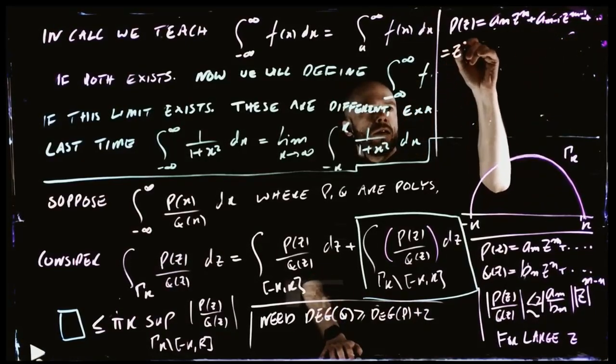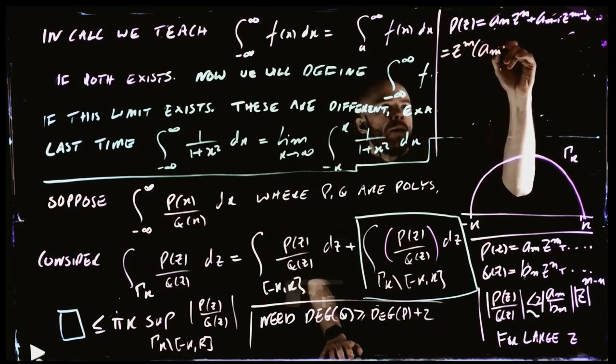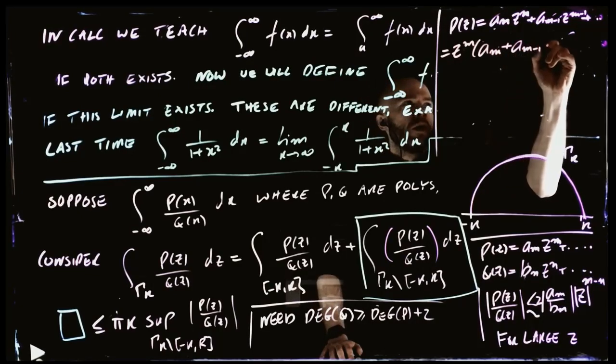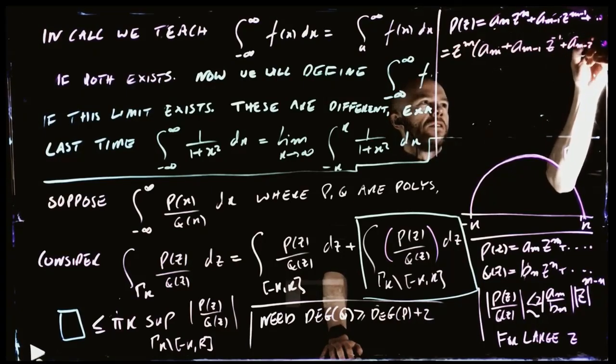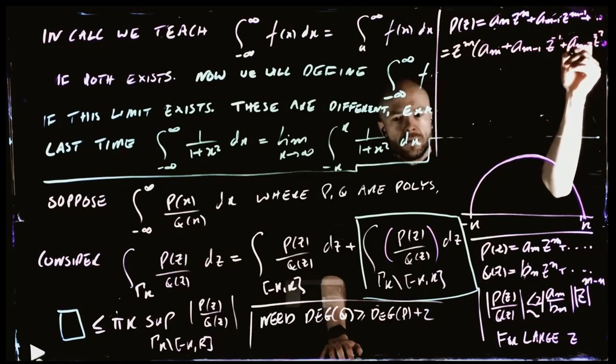So this is z to the m times a_m, and then a_{m-1} z to the minus 1, and then a_{m-2} z to the minus 2, and so on. Yeah?